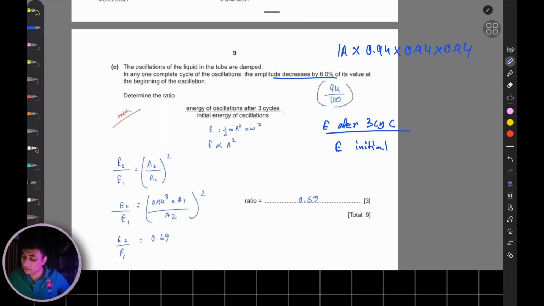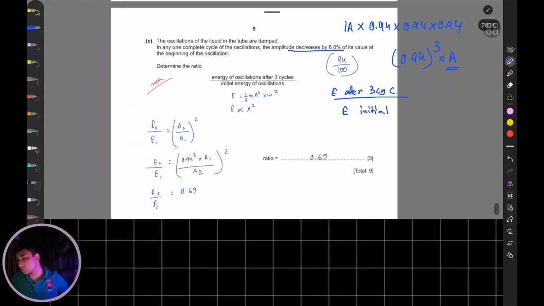So I can simply write that the amplitude after 3 oscillations is 0.94 to the power of 3 times amplitude. This is how much the amplitude will decrease compared to my initial amplitude.